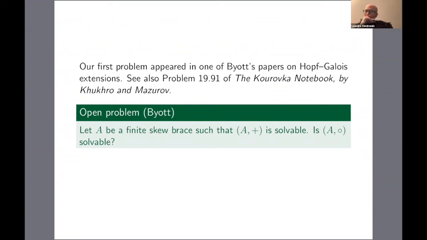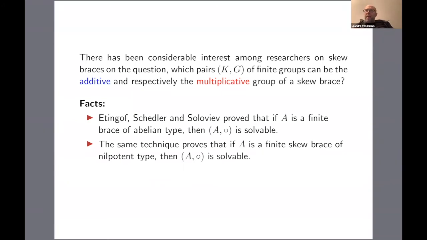Very good. So, as I said, of course, you can also formulate similar questions. You want to see how these two groups that define the skew brace interact. For example, a well-known result of Etingof, Schedler, and Soloviev says that if you have a finite brace of abelian type, then the multiplicative group is solvable.